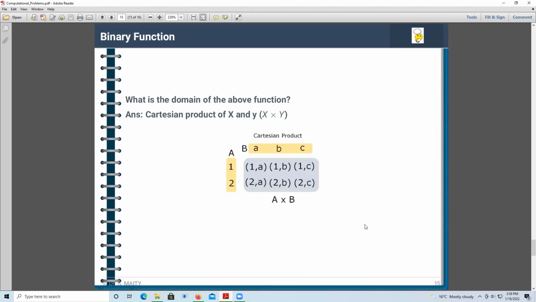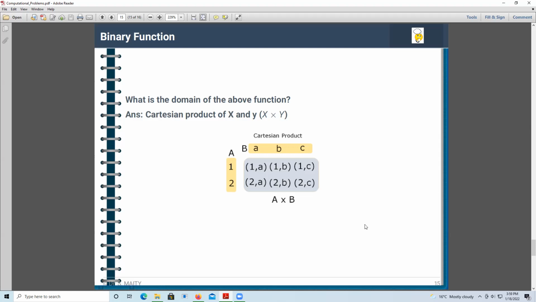In the same way, you can also have n-ary functions, meaning n number of inputs you can take and define a function: x1 cross x2 cross x3 dot dot dot cross xn mapping to y, an n-dimensional or n-ary function.